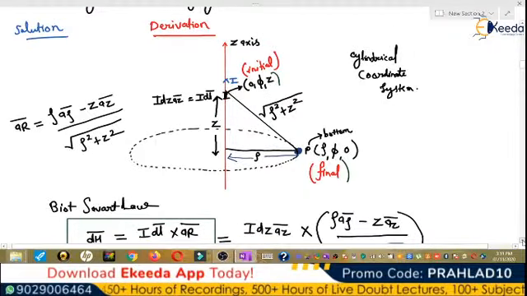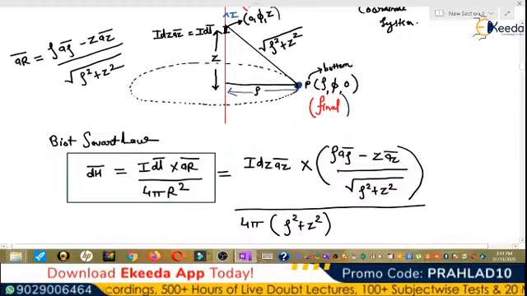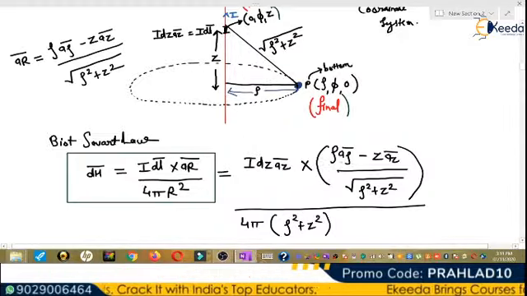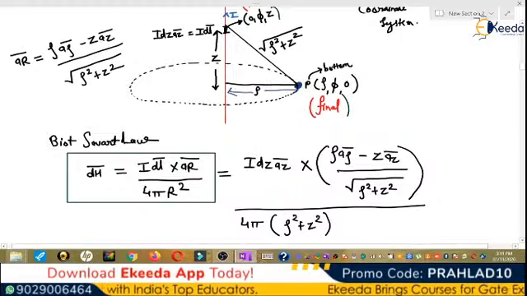According to the Biot-Savart law, the dH vector is I dl vector cross aR vector by 4 pi r square. So I dl vector is I dz az vector because the current carrying element is placed along the z axis, crossed with rho a rho minus z az by under root of rho square plus z square.